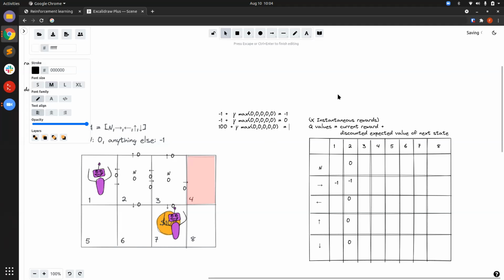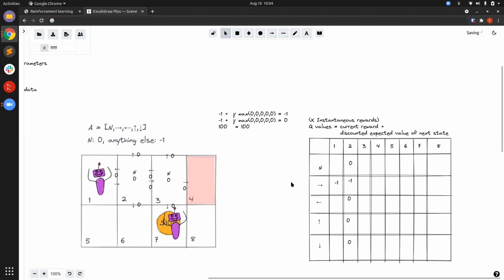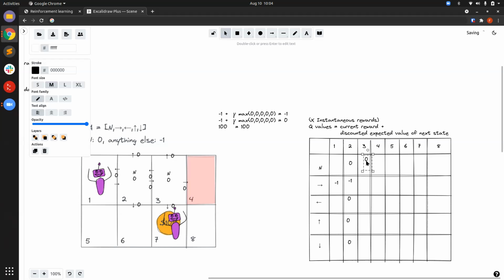But anyways, this is a terminal state. So I was in state 3, I went down, and my reward for going down from state 3 was 100.